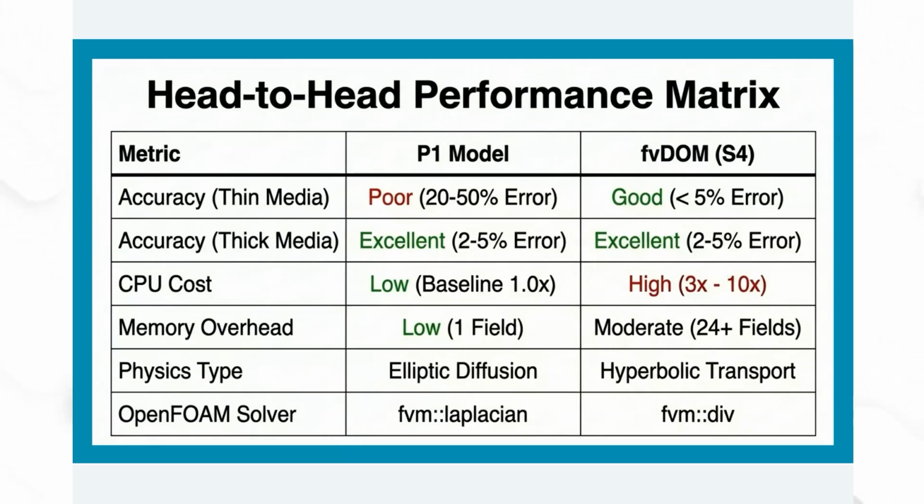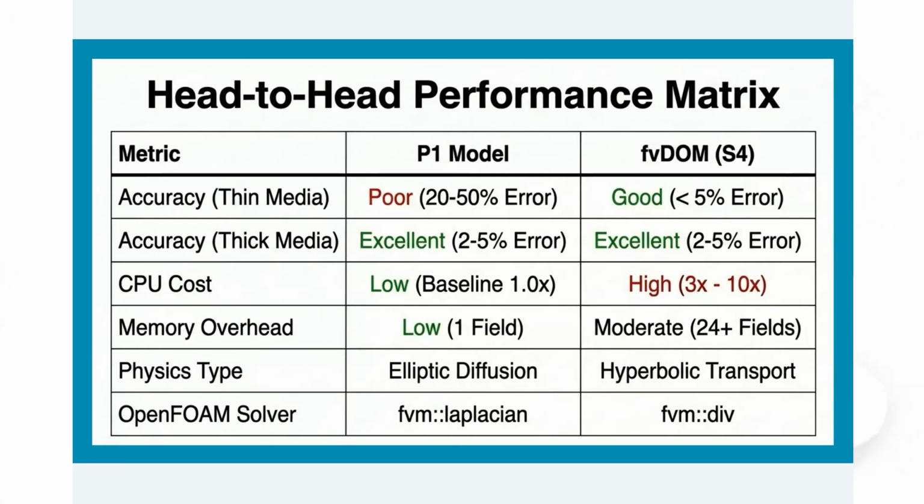Now, finally, looking at the physics type itself, P1 uses the FVM Laplacian. Mathematically, it behaves like an elliptic diffusion. It is smooth, stable, easy to converge. But FVDOM, this is FVM DIV, and it solves hyperbolic equations, hyperbolic transport.